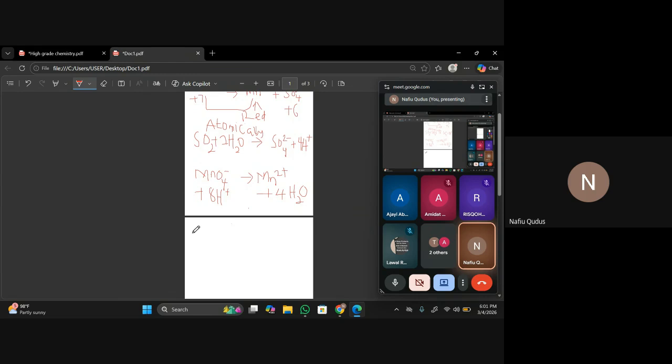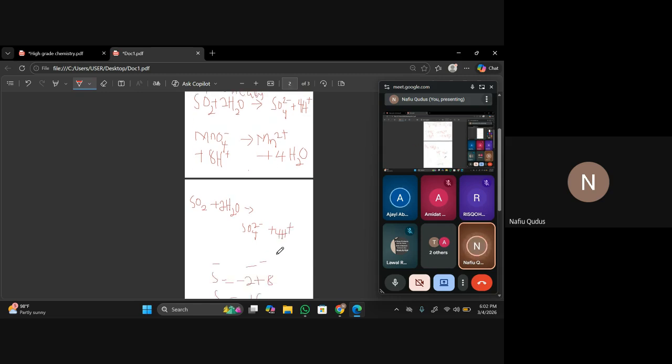So, for the first equation, we have SO2 plus 2H2O, which gives SO4 2 minus plus 4 hydrogen ion. That's what we have, right?